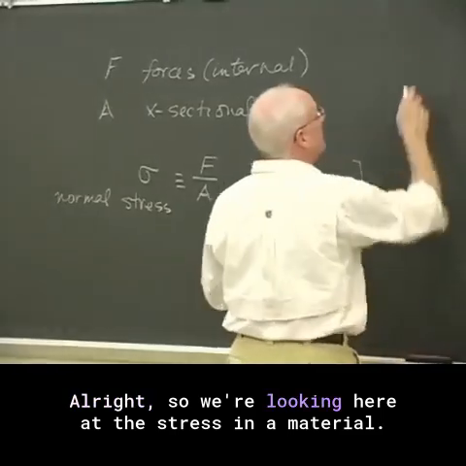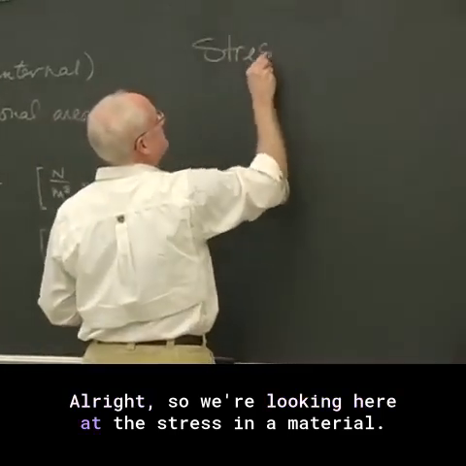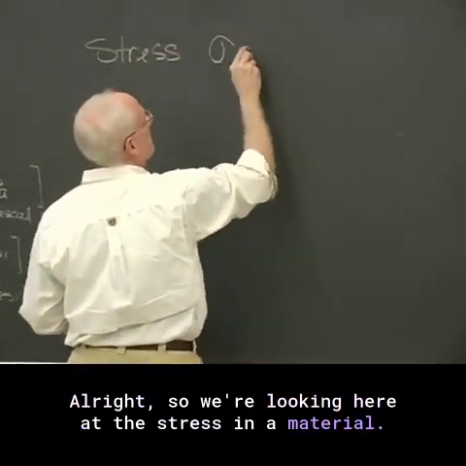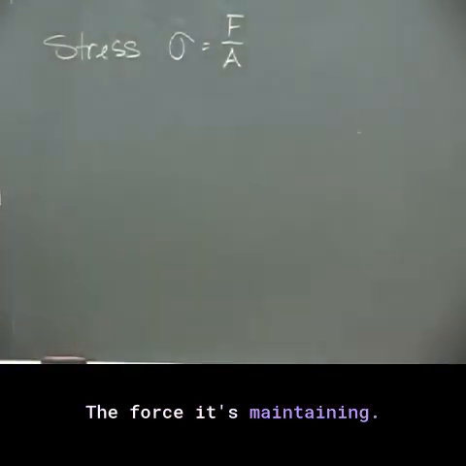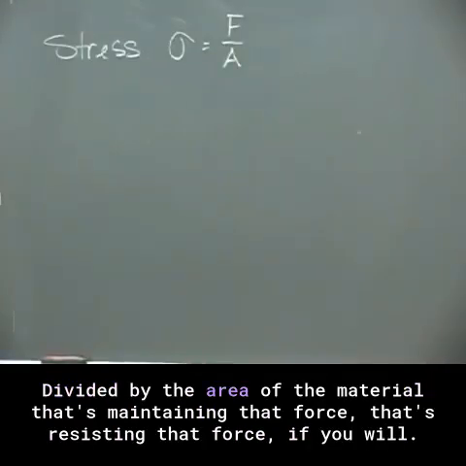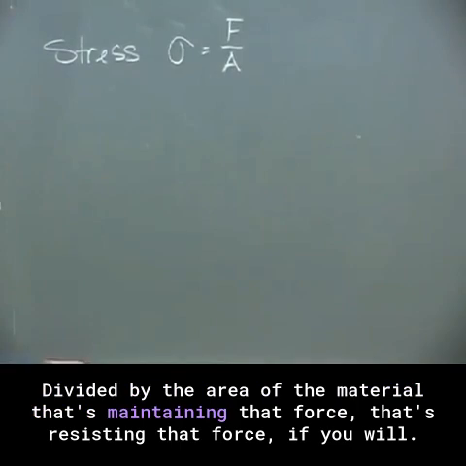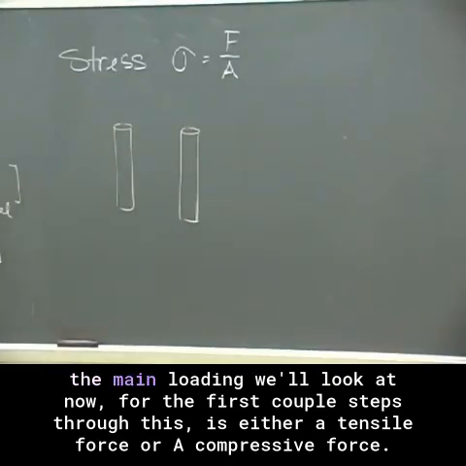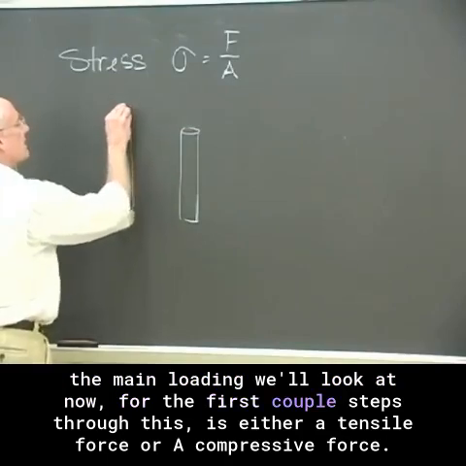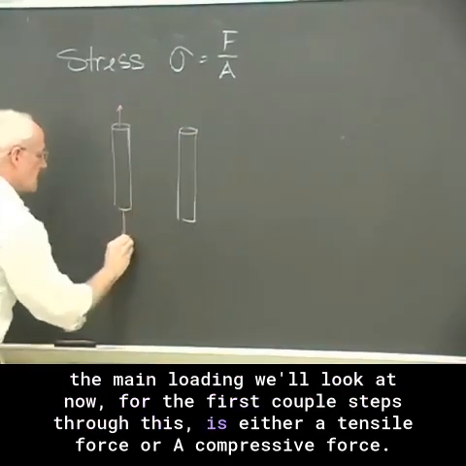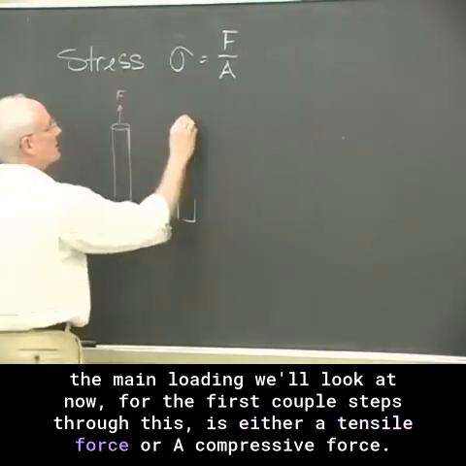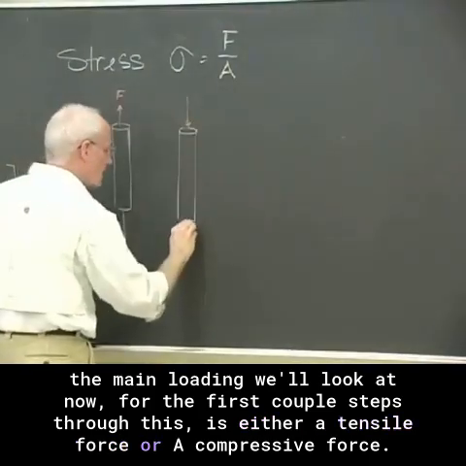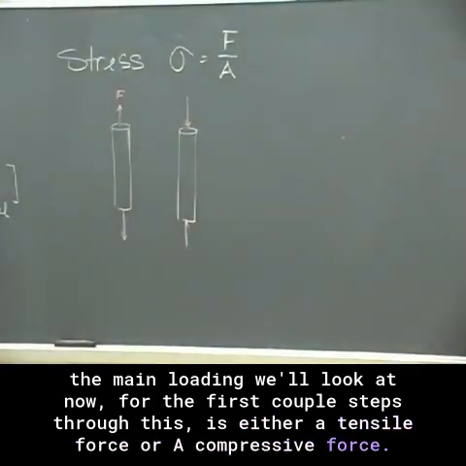All right, so we're looking here at the stress in a material, the force it's maintaining divided by the area of the material that's maintaining that force, that's resisting that force, if you will. The main loading we'll look at now for the first couple steps through this is either a tensile force or a compressive force.